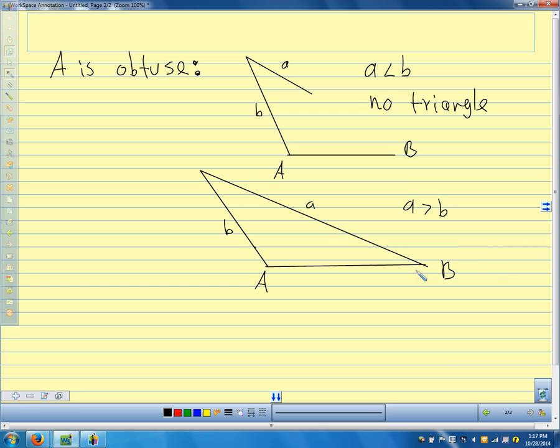There's only one possible triangle. I can't rearrange these sides to make a different triangle if this angle is A and this side is B. So we only have one triangle. So if A is obtuse, either the triangle doesn't exist or we have one triangle and we just use the law of sines like we normally have.